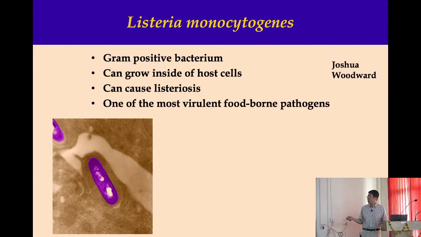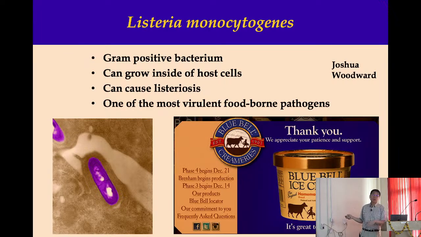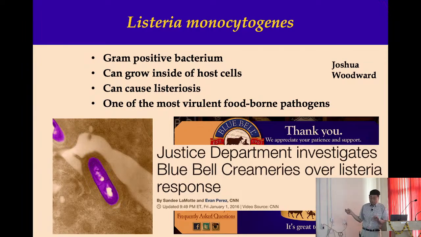For example, ice cream can be recalled. The collaboration is with Joshua Woodward, or Josh, at the University of Washington in Seattle. He's a microbiologist working on listeria, looking at cyclic di-AMP signaling, essentially.